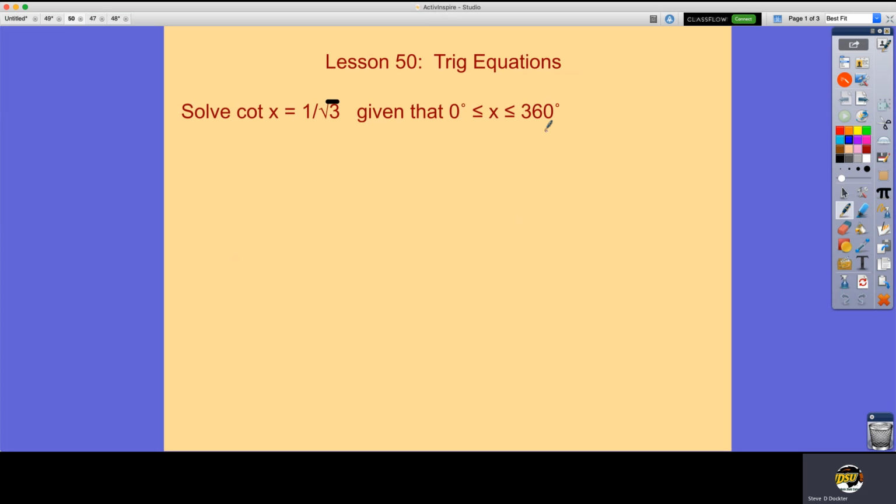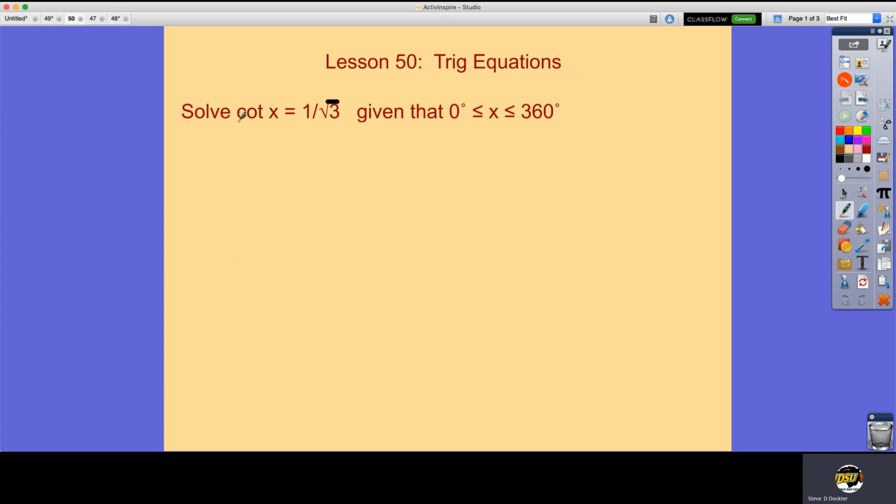This will be the restriction, but you got to pay attention to it because they will mess around with them a little bit. Sometimes it'll be x is greater than or equal to 0 and just less than 360. So just be careful with what the restrictions are. Make sure you read them all. We're going to have to pay attention to those as we go here.